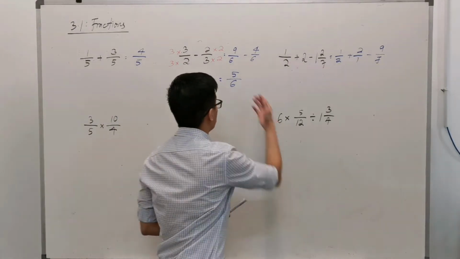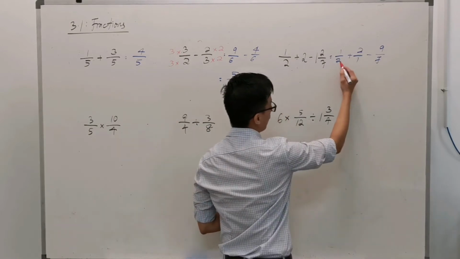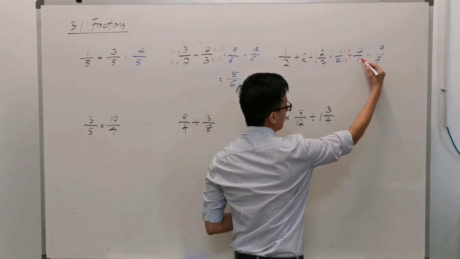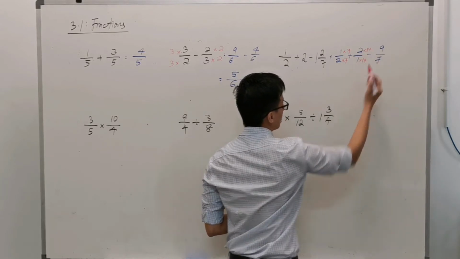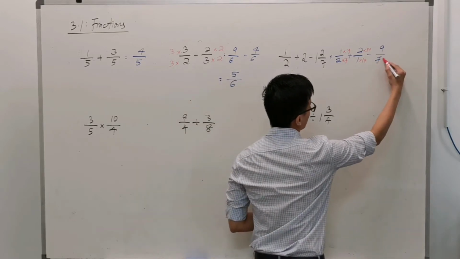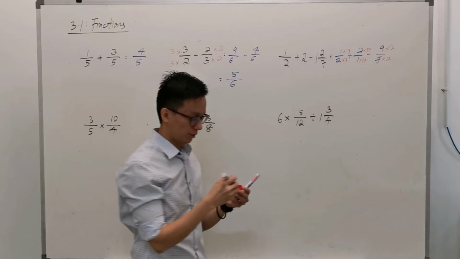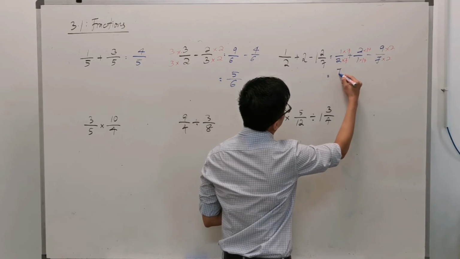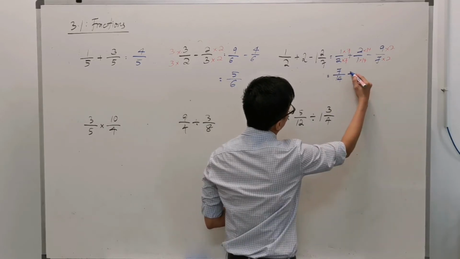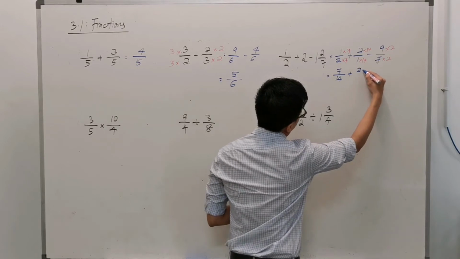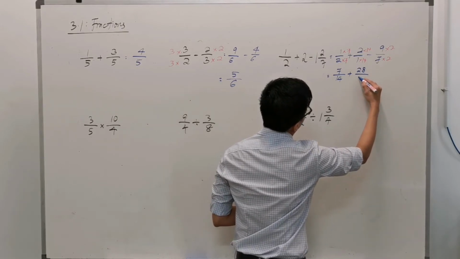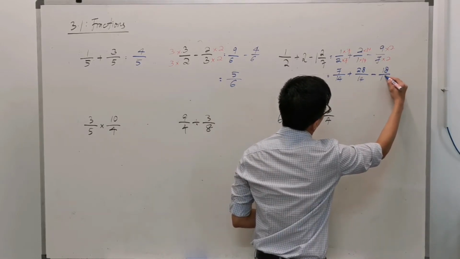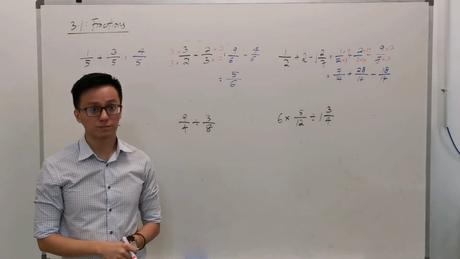So same as here, if I want to get 14 for this, I have to times 7, and times 7 on the numerator. For the middle one, I have to times 14 and times 14. And for this one, I only have to times 2, times 2. So what I get is 7 over 14 plus 28 over 14 minus 18 over 14.